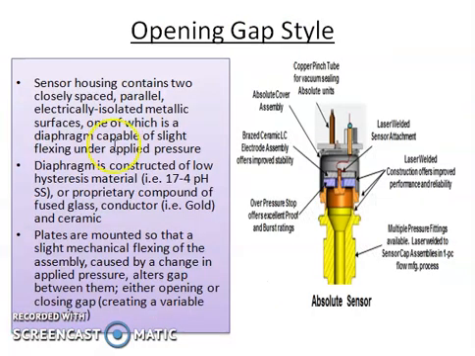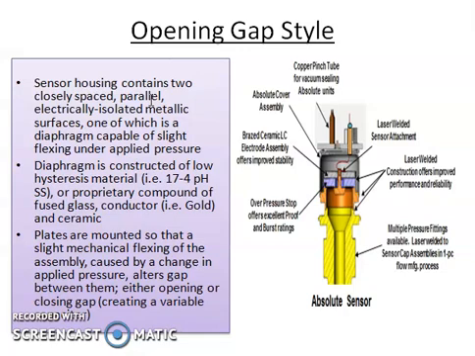Now coming to the opening gap style, here there is no protective plate. The sensor housing contains two closely spaced parallel electrically isolated metallic surfaces, one of which is a diaphragm capable of slight flexing under applied pressure.